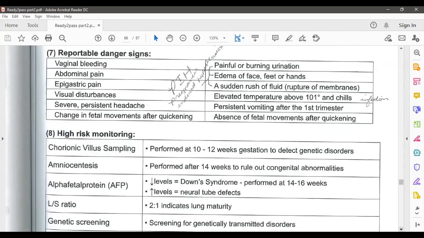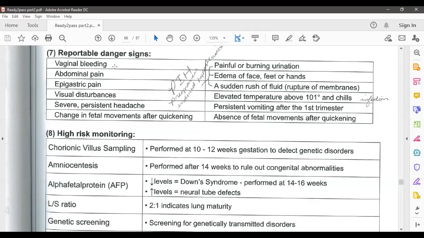Now here we ask, what are the reportable danger signs? In what signs and symptoms do we have to inform the doctor or healthcare provider?